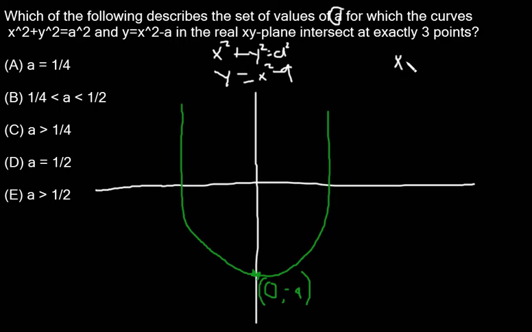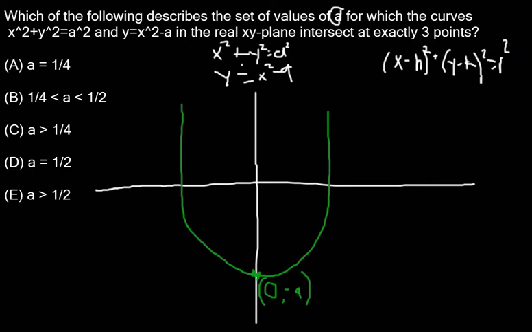Our circle is (x minus h) squared plus (y minus k) squared is equal to r squared, which is the radius. And that's all this is. This is (x minus 0) squared plus (y minus 0) squared is equal to a squared, which is the r right here, right? So let's draw a circle.